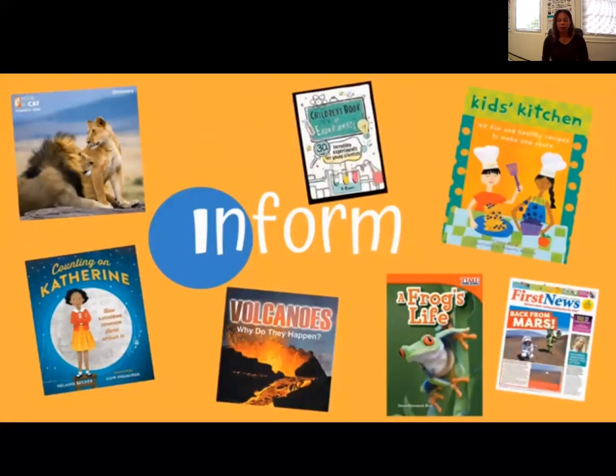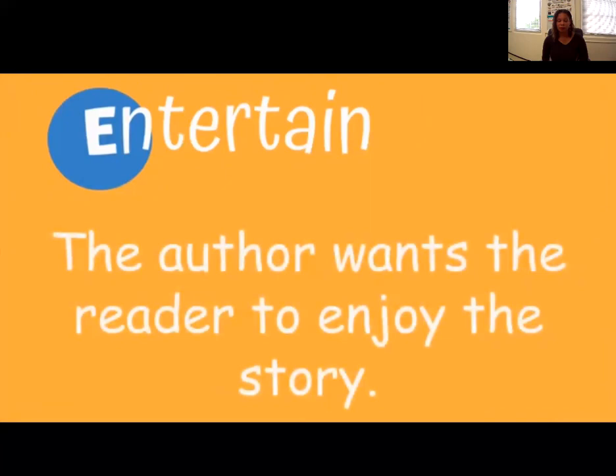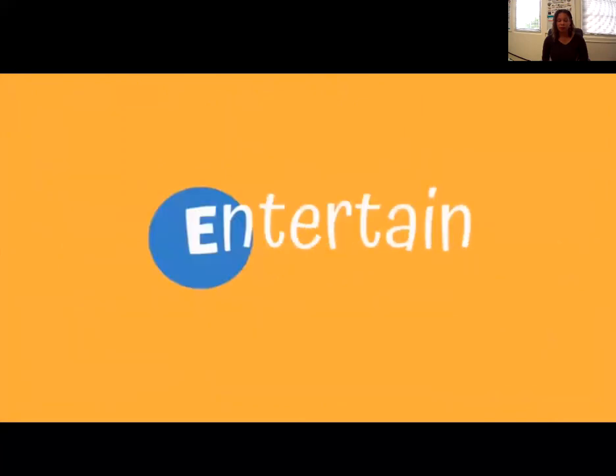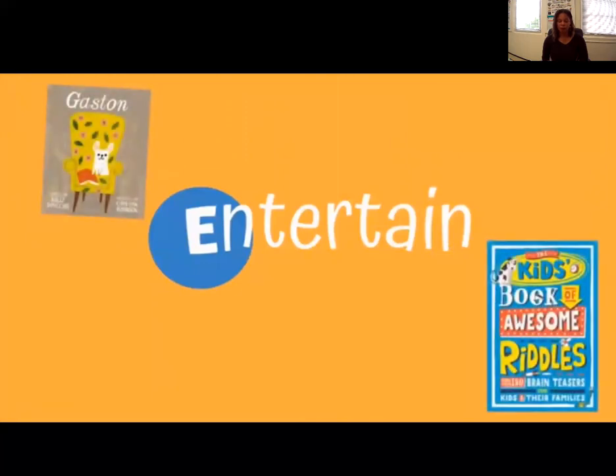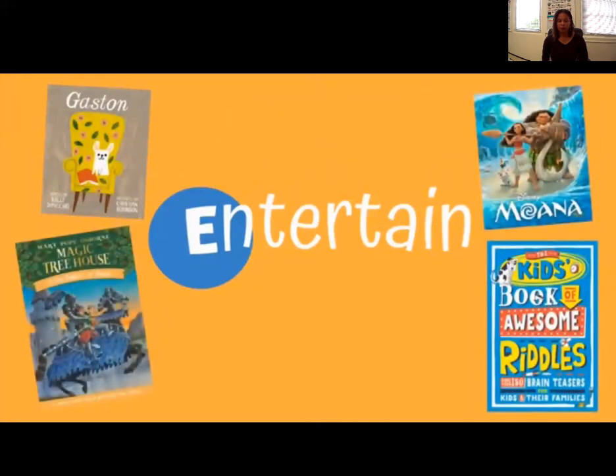These are all examples in which the author's purpose is to inform. Now we are at E for entertain. This means that the author wants the reader to enjoy the story. Examples include stories, riddles and jokes, movies and TV shows, fantasy and magical stories, fiction books, mysteries, and comics.